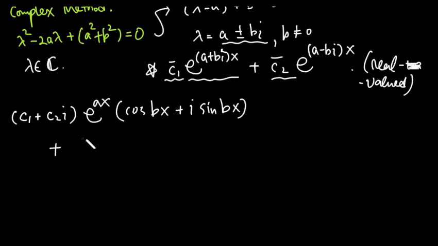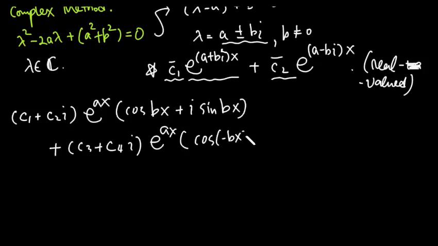If you look at the second term, I'm going to write C2 bar using C3 and C4 i as a complex number. Then we pick up the same real part ax, so we get e to the ax, and this negative bix, where bx is the real part multiplied to the imaginary i, so we have cosine of negative bx plus i times sine of negative bx.